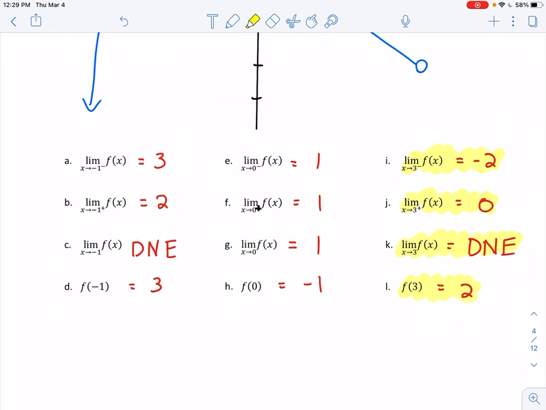Each one of those was a completely different value. So just be careful as you're working through these problems. You will get better at them with practice. So I would highly recommend practicing looking at some graphs and evaluating one-sided limits. That's the best way that we're going to improve evaluating these types of limits.